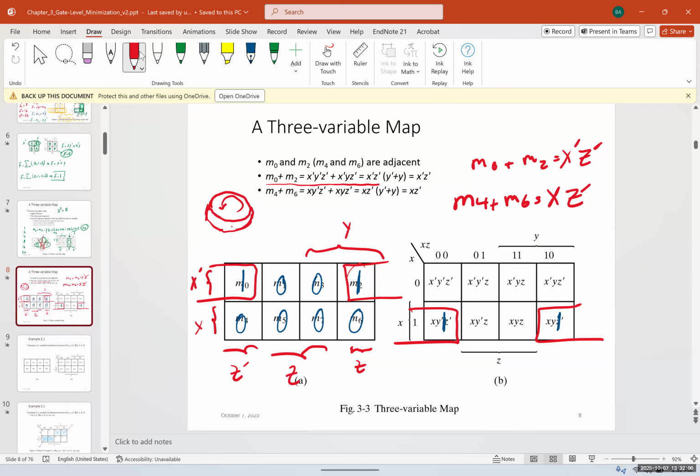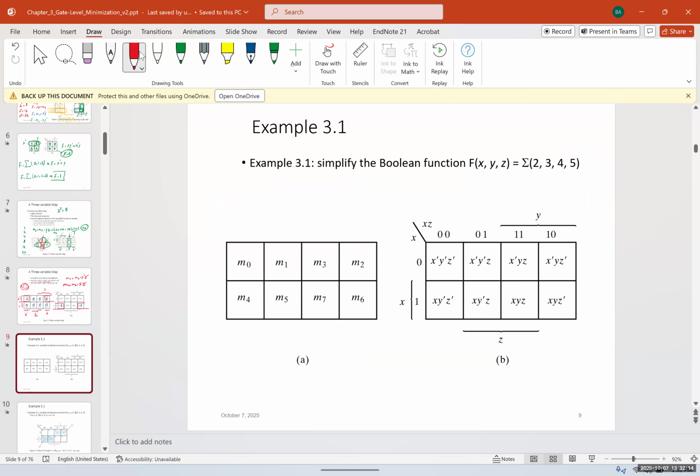Now I'll give you some examples. I'll give you a few minutes to think on it, and then I will solve it, because I think the best way to learn this is through solving some examples. So first example, we want to simplify the Boolean function f of x, y, z is sigma of 2, 3, 4, 5. So 2, 3, 4, and 5 are 1, and the rest is 0.